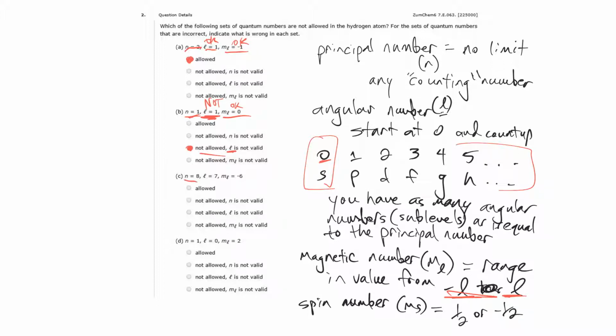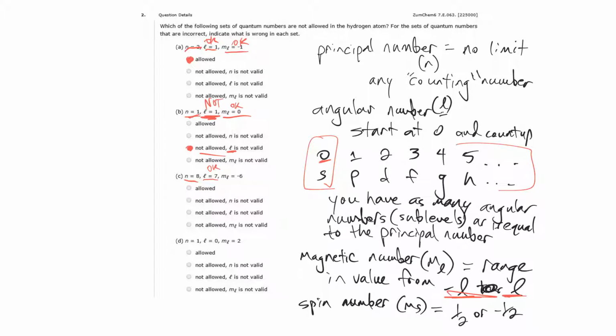Problem C, n equals 8. Sure, you can have any principal number as long as it's a counting number. L equals 7. Is that okay? Yes, this is okay because the angular number is just 1 less than the principal number. Now, what sublevel would that be?